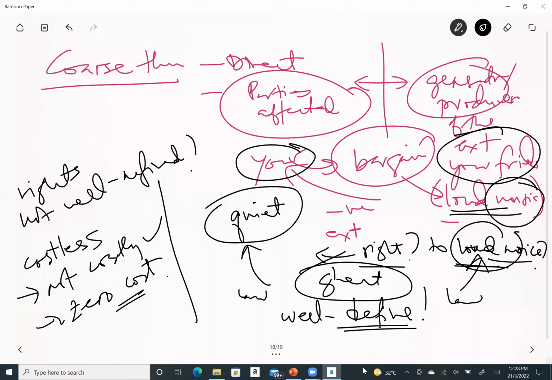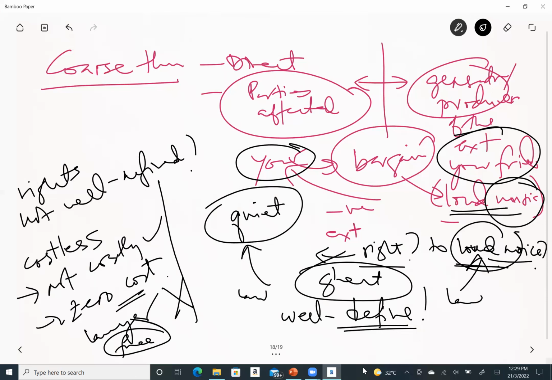If it is you and your friend, you just bargain directly, and it will not be very costly. But let's say for the bargaining you have to hire a lawyer who charges you 5,000. Then it doesn't work, because you have to pay 5,000 just to do that bargaining. So here, no lawyer, or a free lawyer. You don't have to incur a cost of 10,000 or 5,000 or whatever thousand just to bargain about an externality.